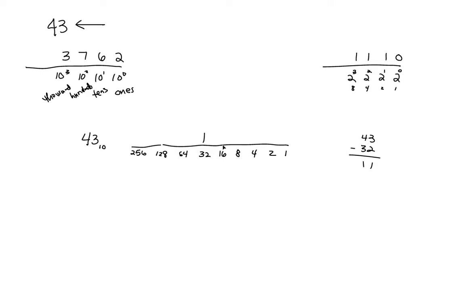Well, a 16 doesn't go into 11, it can't fit. An 8 can, so I get 1 eight in there. 4, nope. All I have left is 3, but 3 is 2 plus 1, so I get a 2 in there and also a 1. So this is what my number 43 is in base 2. That's how I convert decimal to binary.